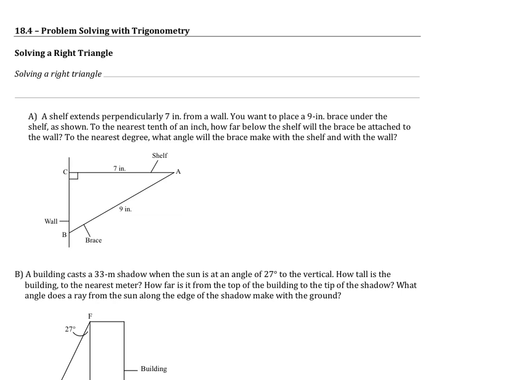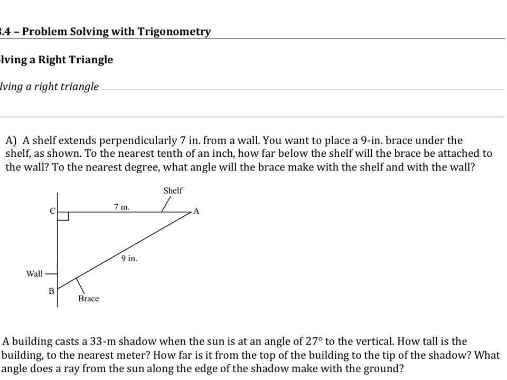These are the notes for 18.4, and really all this section is about is problem solving using this trig that we've learned. In solving right triangles, we can use right triangles for lots of different word problems, essentially, different real-life situations.